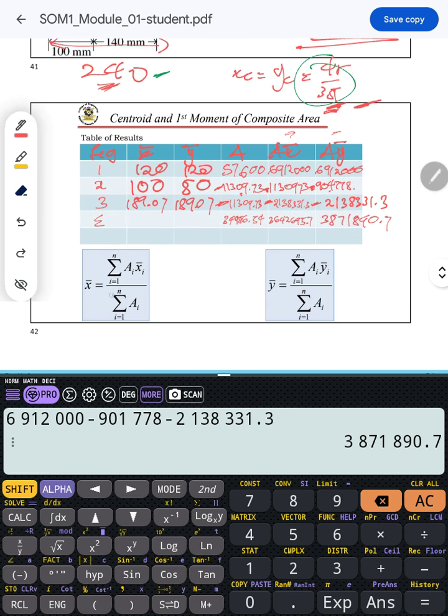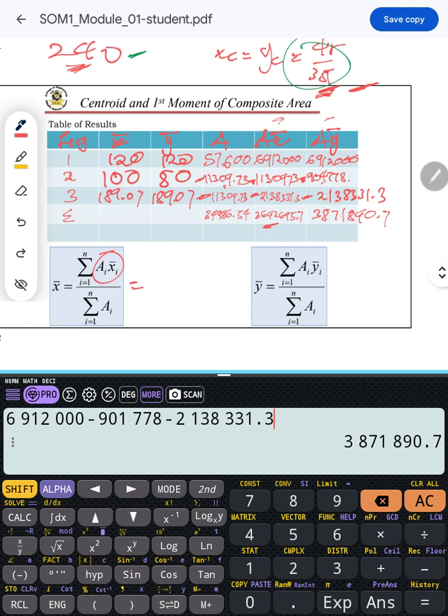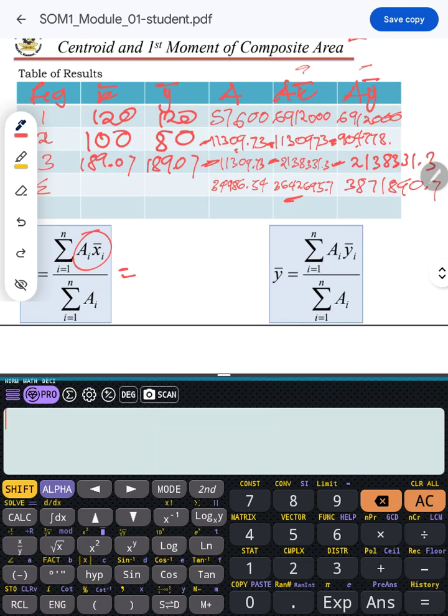So now we're trying to find the x, right? That's what we are doing now. So this AX here as well as here, right? And this area here is this area here. So the sum of the areas.